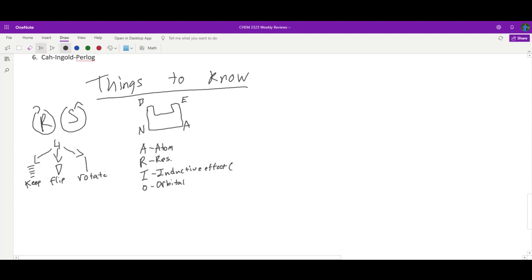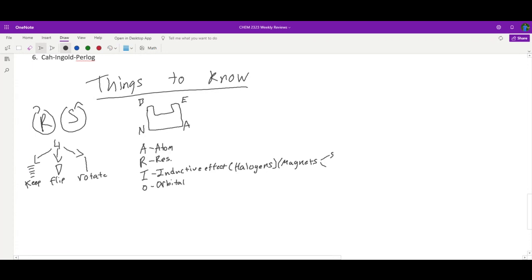In inductive effect, you're going to think about halogens. You never look at the size of halogens there; don't get inductive effect confused with atom and vice versa. And with halogens, think of them as magnets.